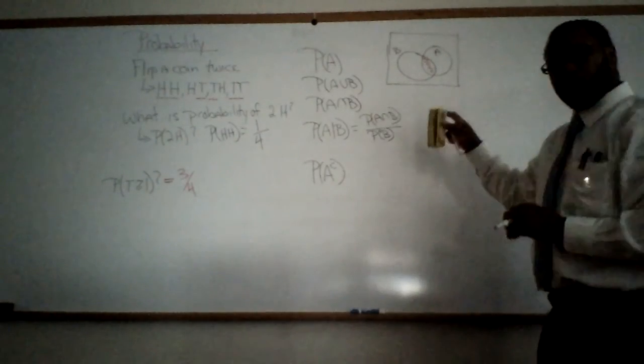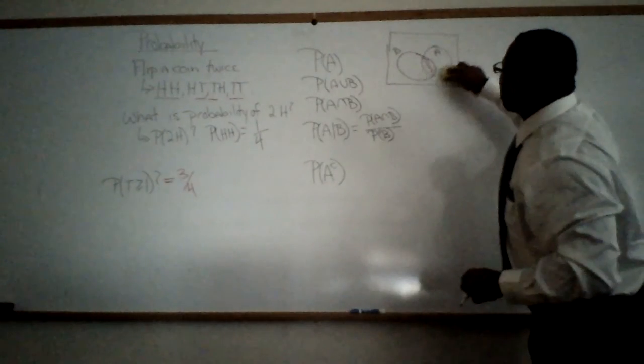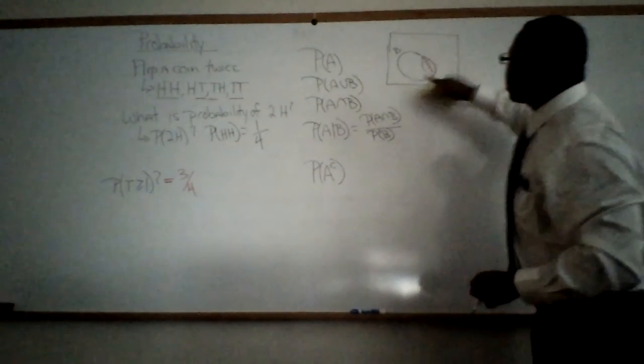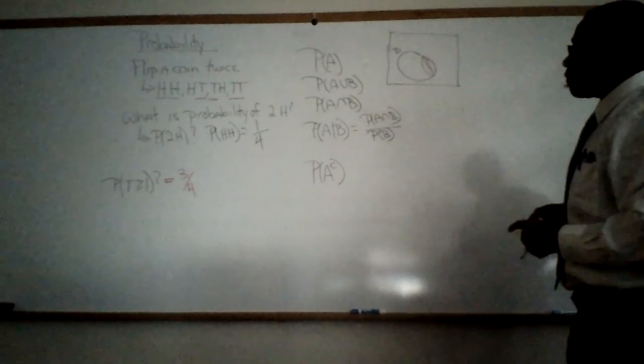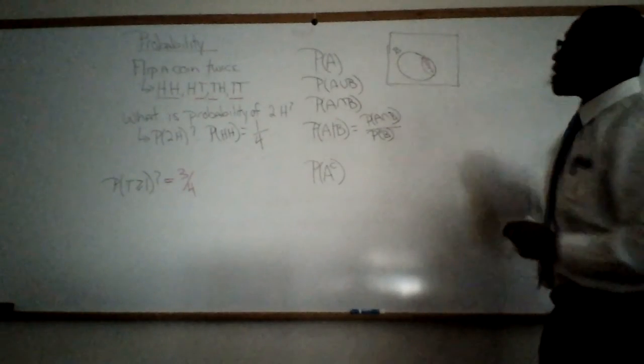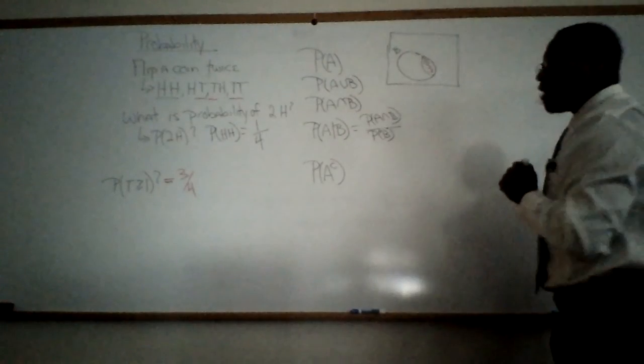Then we can pretty much limit our sample space by saying, okay, so we know that B happened, so let's just look at B. This is our circle of B. And now they want to know what's the probability that A happened given B happened. Well, that's just this area right here that's left over from the intersection, isn't it?